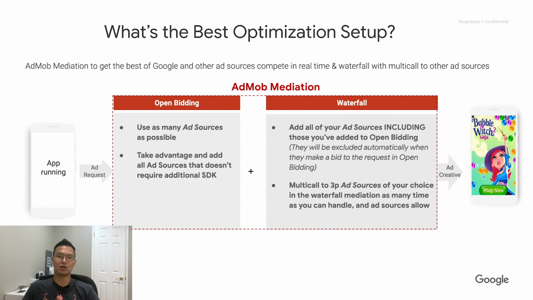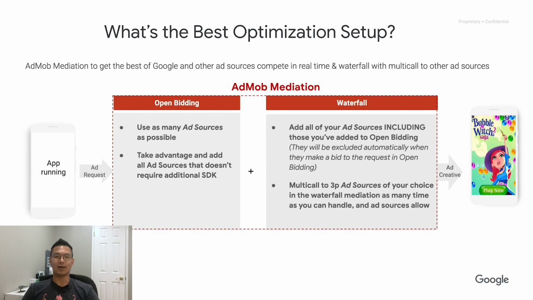AdMob mediation will ensure that when an ad source is called in open bidding and the ad source bids into open bidding, that ad source's line item in the waterfall will not participate in the waterfall for that impression.